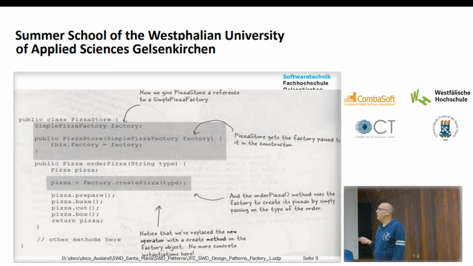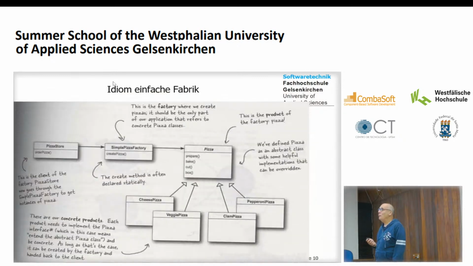Okay, now we have this pizza store, and you give the factory to the pizza store, and let's look at what's happening. Here we have what's always the same. Now we have a pizza, and we say to the factory, please create your pizza of this special type. Wonderful. If we look at the class diagram of this simple factory, this is the start of the factory idea.